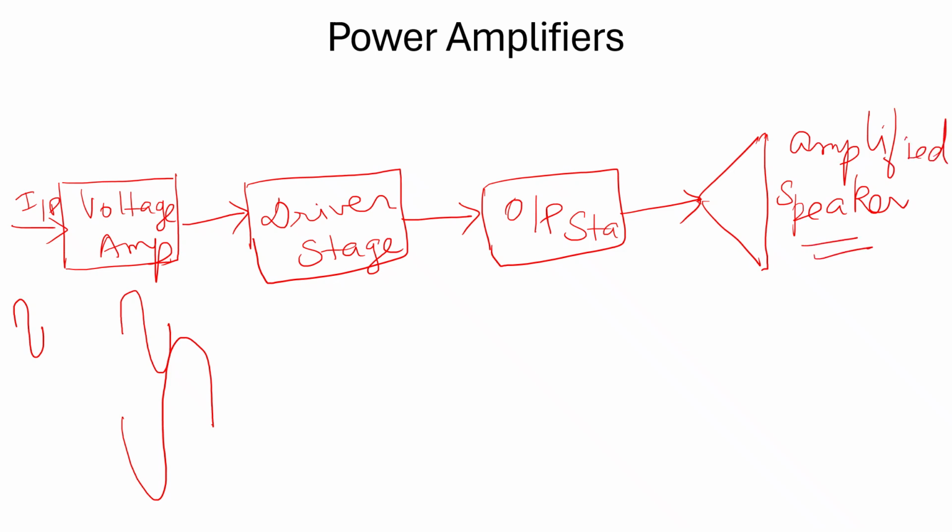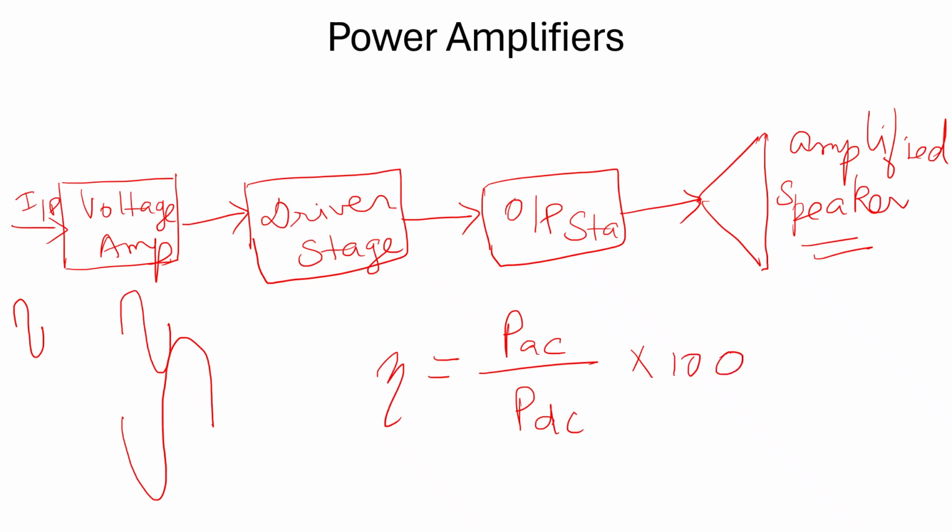The amplifier efficiency depends on the ratio of the AC output power to the DC power input. Efficiency is equal to AC output power divided by input DC power, times 100.